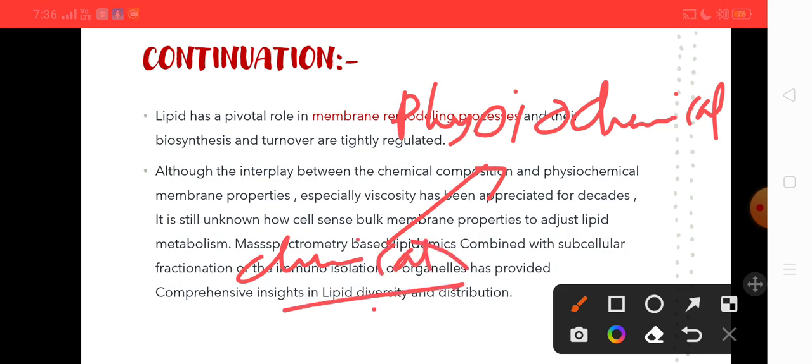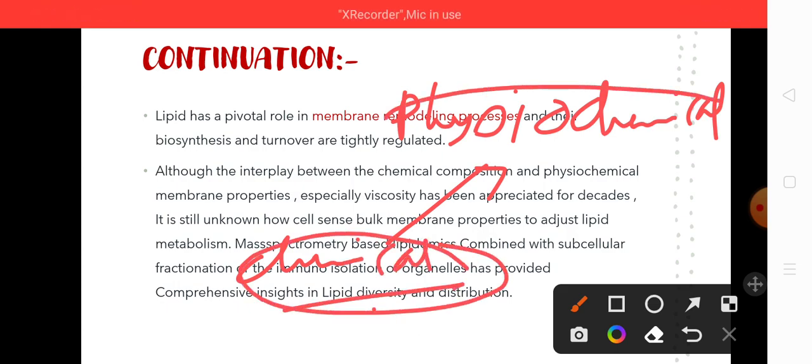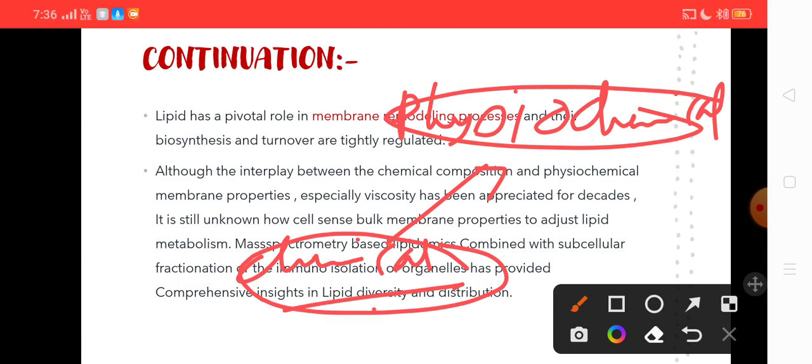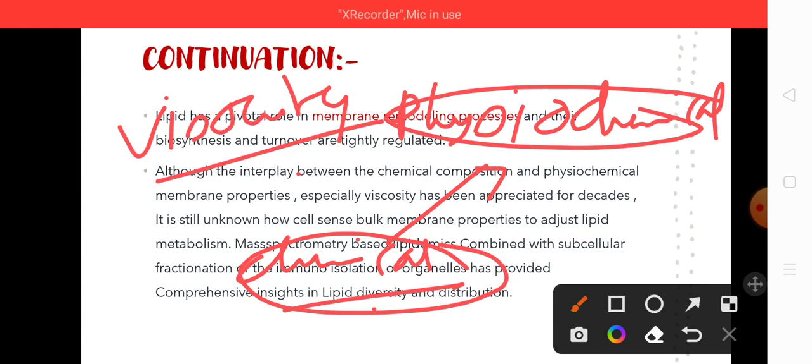But it only gives us an idea about simple types of physiochemical properties, for example, viscosity. But it cannot tell us about the bulky physiochemical properties.